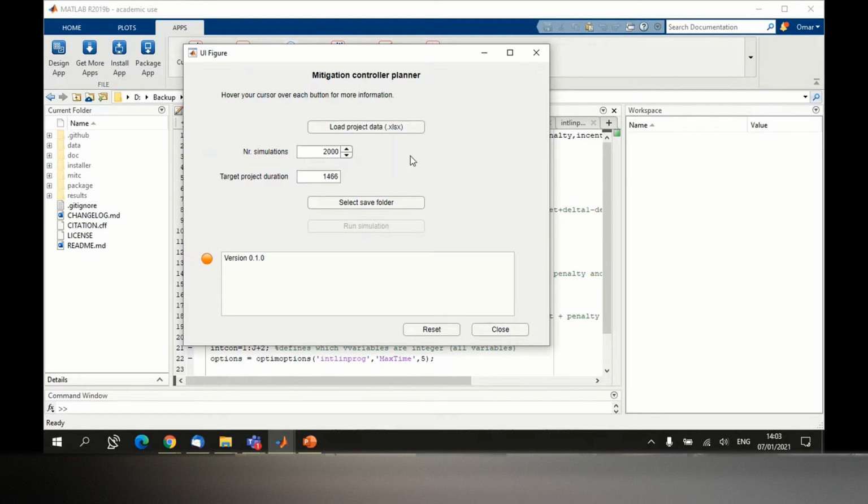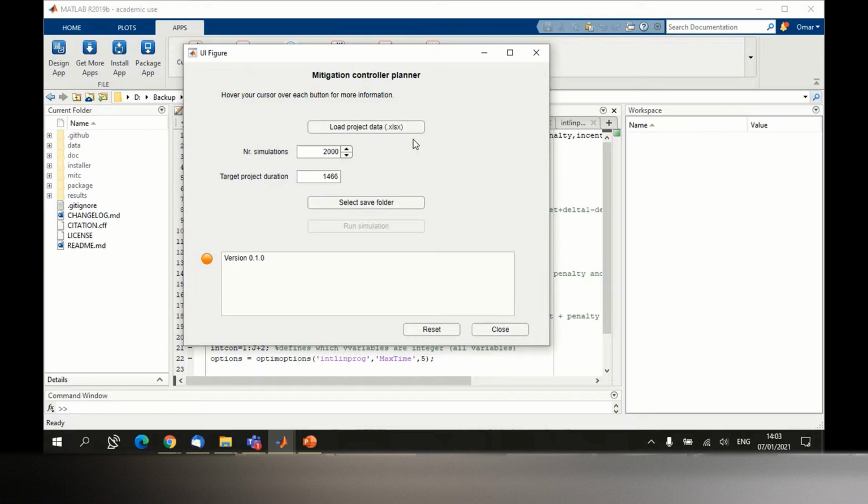Assume that you did the analysis and you get information that your project is going to finish within 1,600 days, but you have to deliver your project within 1,466 days. So you put 1,466 days, and then you run the mitigation controller so that you mitigate the duration to arrive at this very duration here.